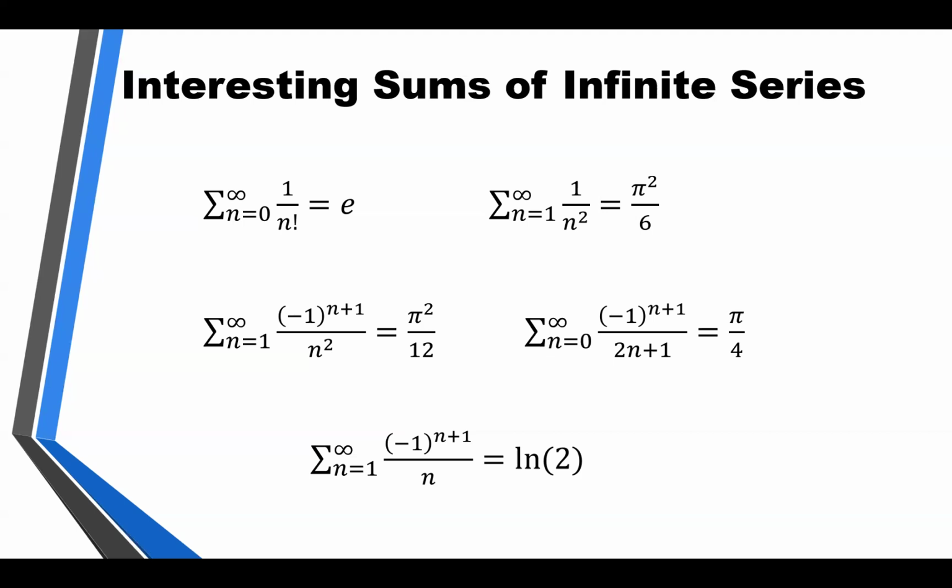Some of these, again, have really nice explanations. There's actually a really nice explanation on YouTube of this pi squared over 6 or pi over 4, why we're ending up with pi here, but it was not made by me.